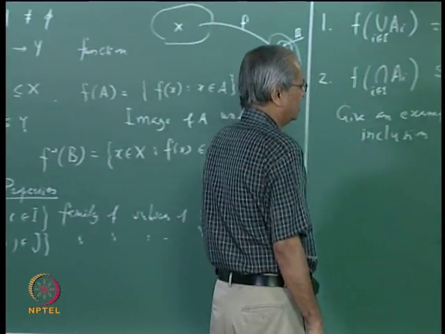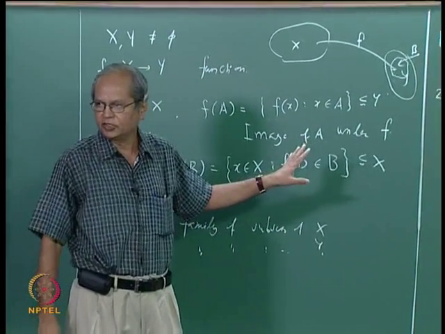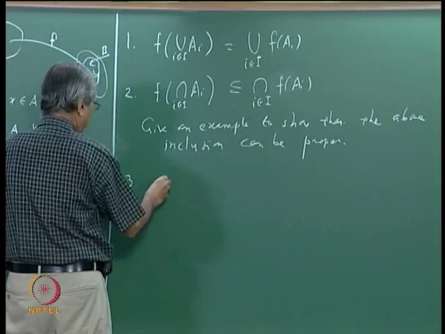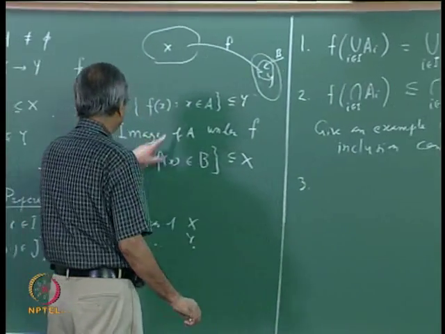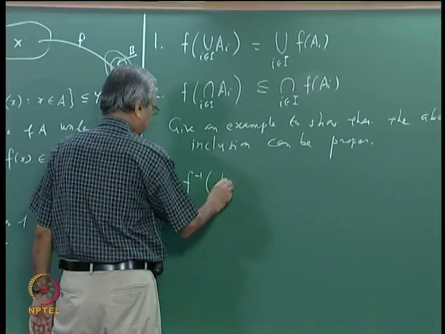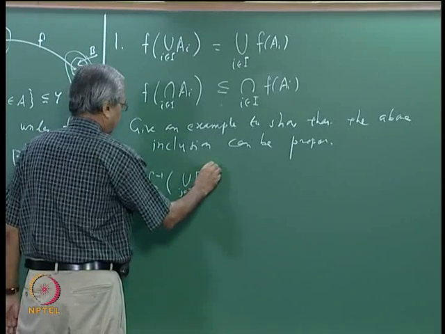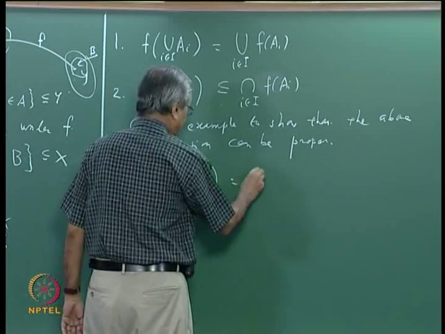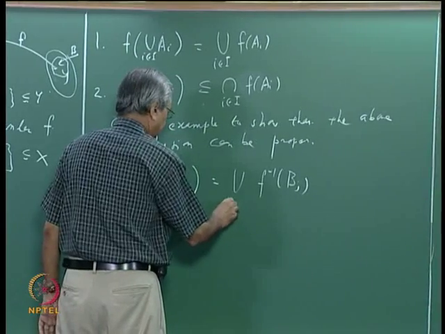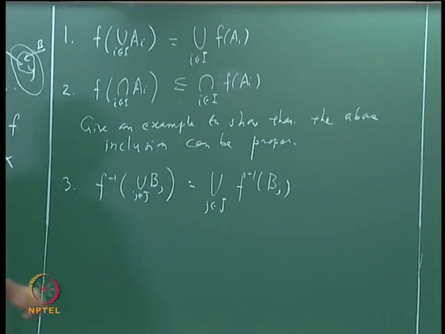All right, now coming back to what I said earlier, that inverse images behave in a better way in this respect, and there you don't have this kind of problem. So the third property is that, suppose I take this family of subsets of Y and take their inverse images, then f inverse of the union of B_j, j in J, is the same as the union of f inverse B_j, small j belonging to big J, and the same thing is true about the intersections also.